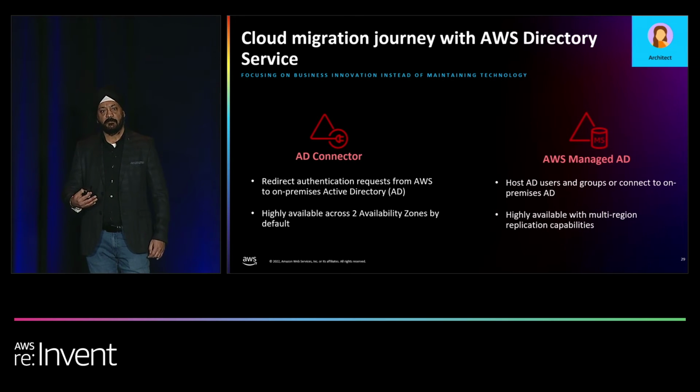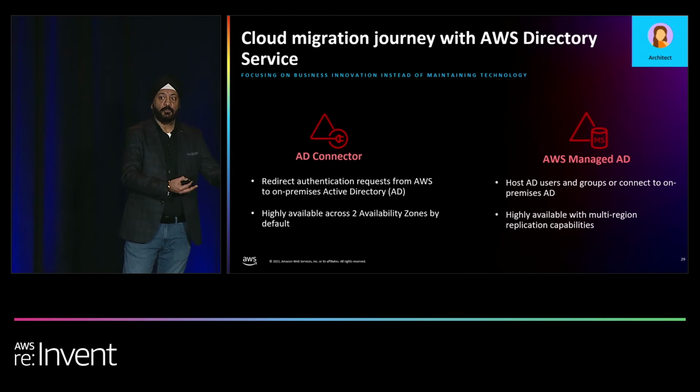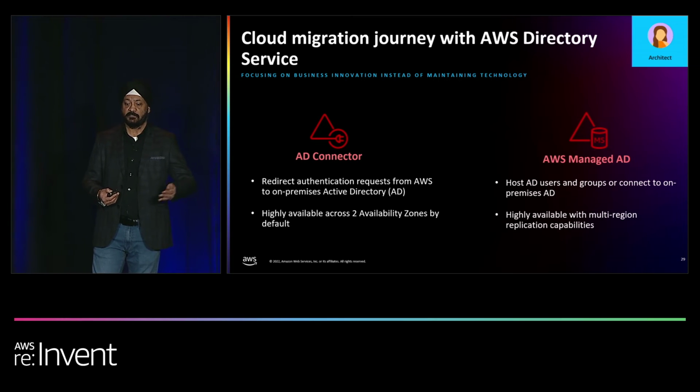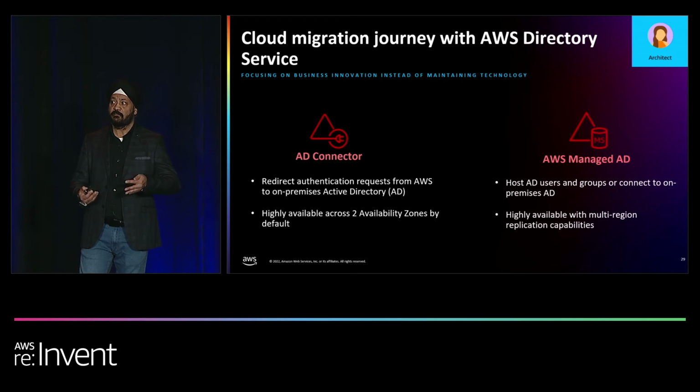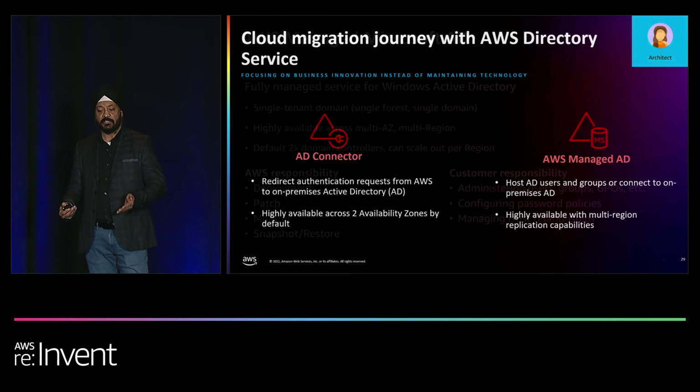The other option that's available is AWS Managed AD. You still have Active Directory. Customers have Active Directory. They have users and groups inside it. There are some applications that are still relying on that for authentication and authorization purposes. But now to enable it for AWS services and other applications, you can use AWS Managed AD, which is a managed Active Directory. It's Microsoft Active Directory version 2019, which we just launched, which lets you provide those Active Directory services to those applications.